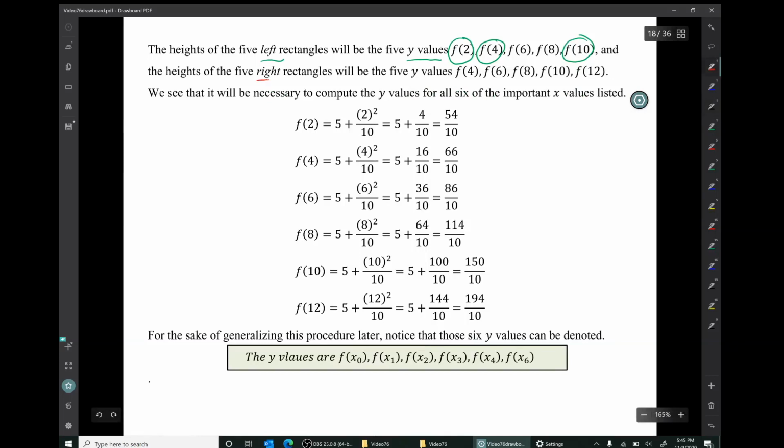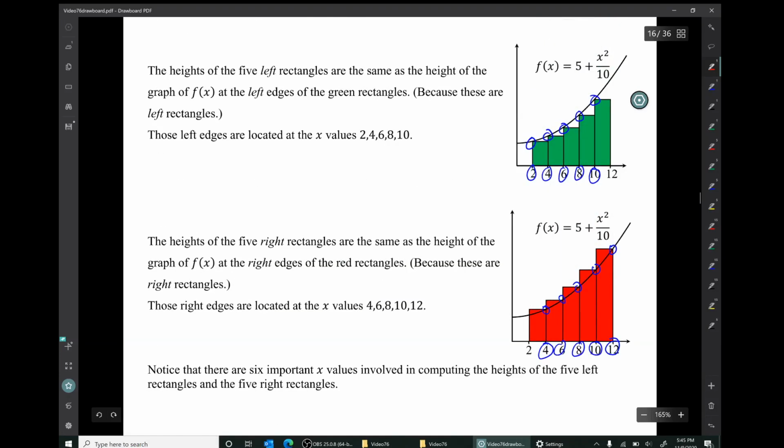The heights of the 5 right rectangles will be these 5 y values, f parentheses 4, f parentheses 6, all the way up to f parentheses 12. So on the red graph, those heights are these heights. f parentheses 4 is this height, f parentheses 12 is this height.